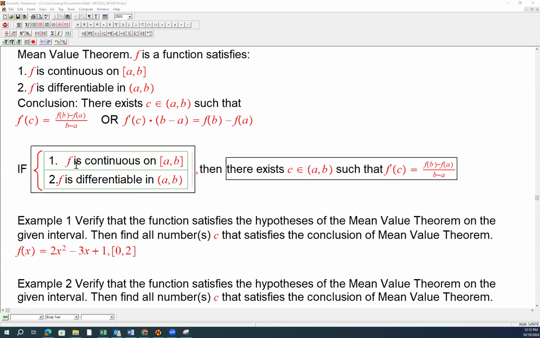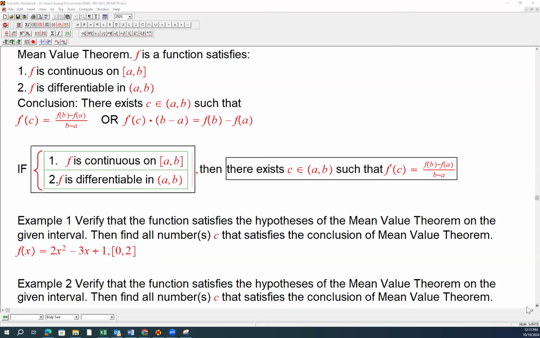These two conditions are that f is continuous and f is differentiable. So these are the first two conditions of Rolle's theorem. The third condition in Rolle's theorem is not needed for the mean value theorem.